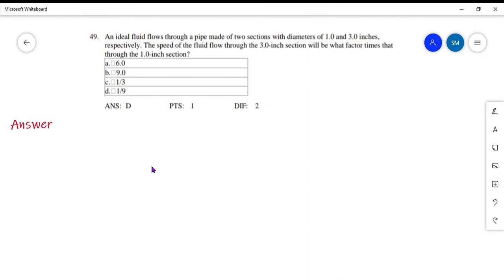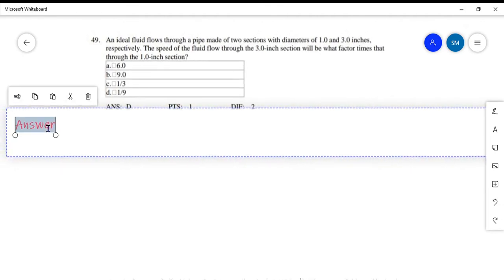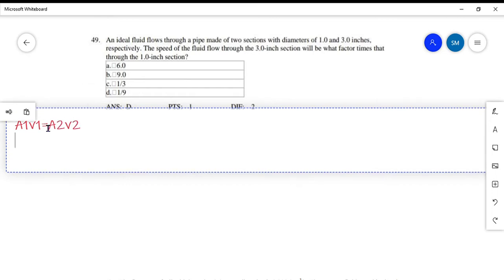Yes, question number 49. We will use this rule, the continuity equation: A1 V1 is equal to A2 V2. That means V2 simply equals A1 over A2 times V1.